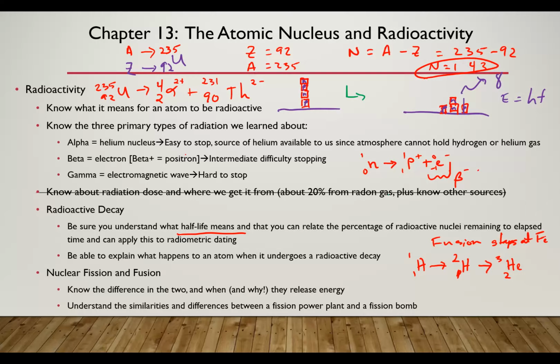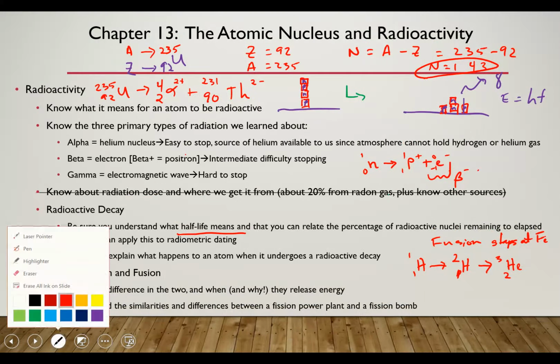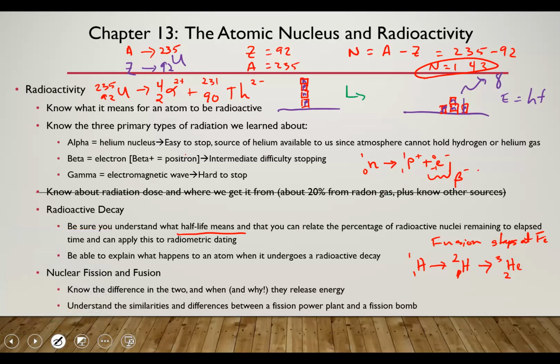Now, fission is the opposite of fusion. Fission is when you take a large nucleus and you split it into small nuclei. So the example I showed, well, that's not fission. A uranium 235 will split into two smaller elements, and I think potassium and barium is the one we usually show, plus 3 neutrons.